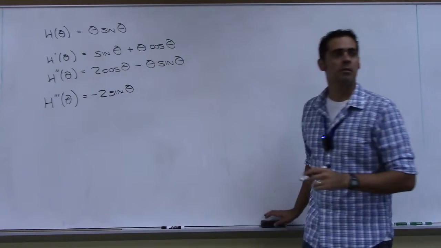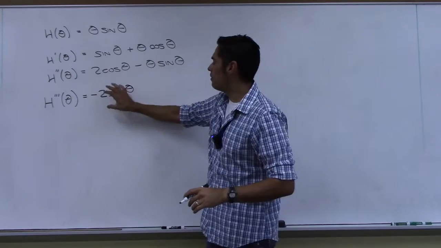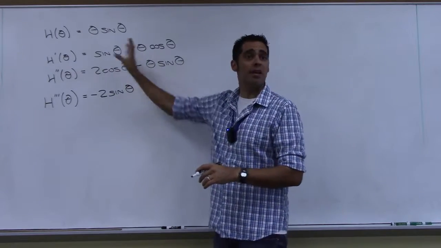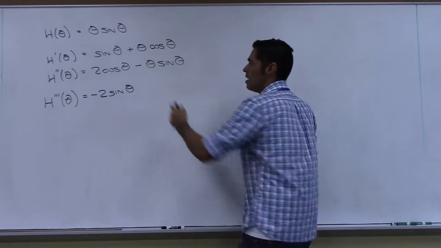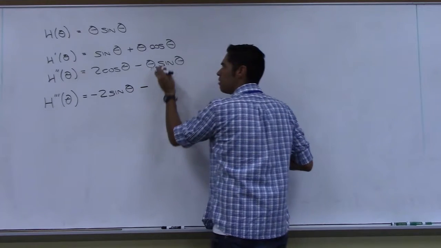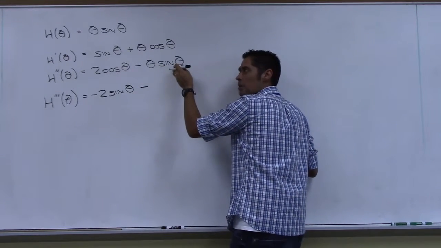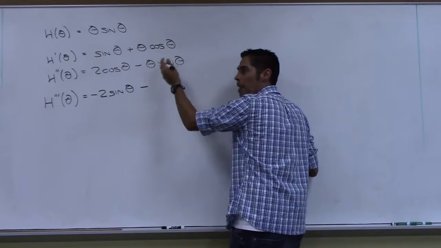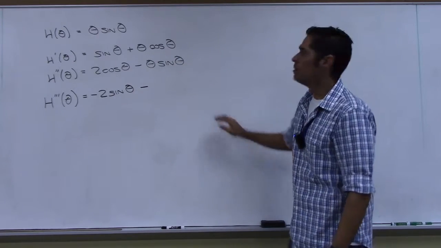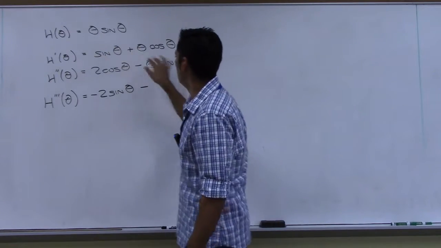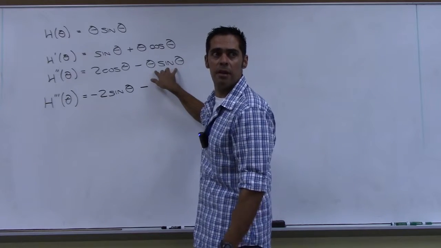You agree? Now I'm doing that one separate from this one because there's a subtraction. So then I say minus the derivative of theta sine theta, which is a product rule, right? But didn't we already do that? Isn't this theta sine theta exactly what I need to find the derivative of right now?